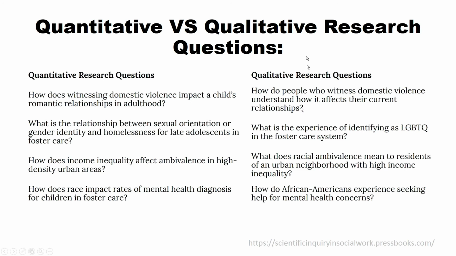For qualitative research question, tinatanong lang niya is, what is the meaning? Yung meaning para sa mga residents ng racial ambivalence. Para sa kanila, ano bang ibig sabihin ng racial ambivalence to them as residents of urban neighborhood, okay, with high income inequality.